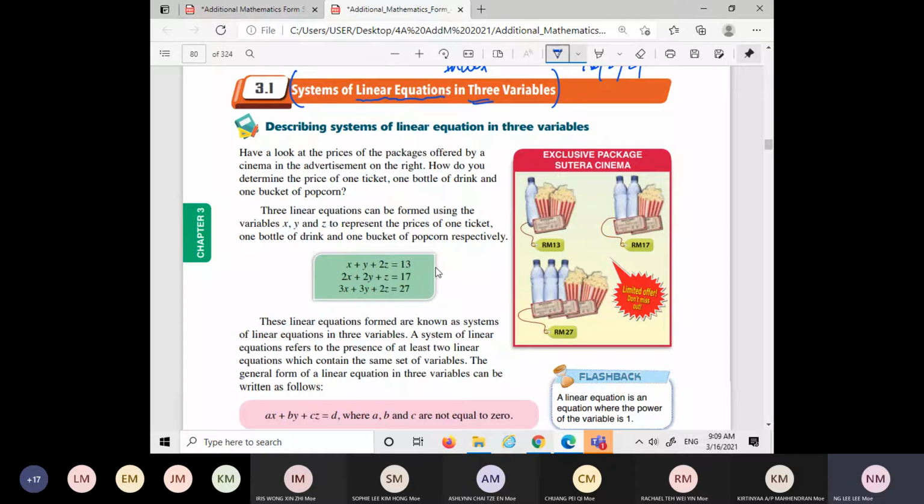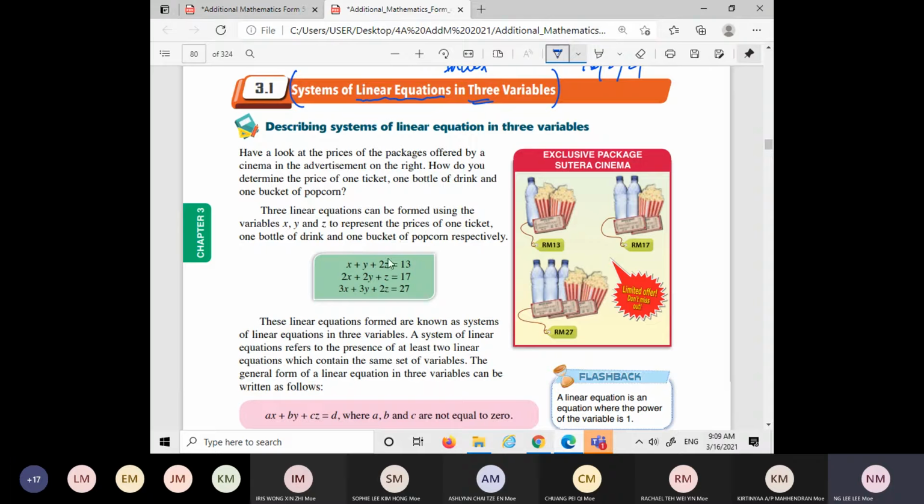You can form a system of linear equations in 3 variables, and then solve it simultaneously. Then you can get the answer. 3 linear equations can be formed using the variables x, y, and z to represent the price of 1 ticket, 1 bottle of drink, and 1 bucket of popcorn respectively.